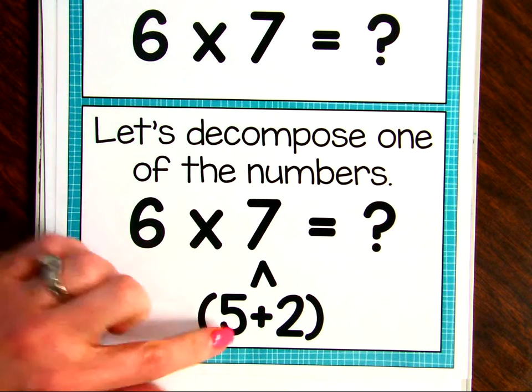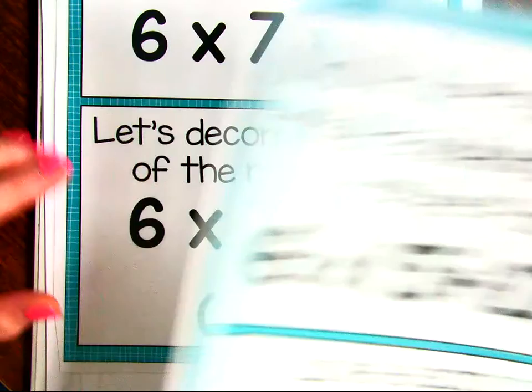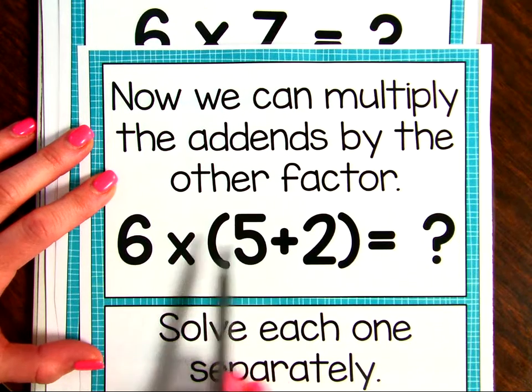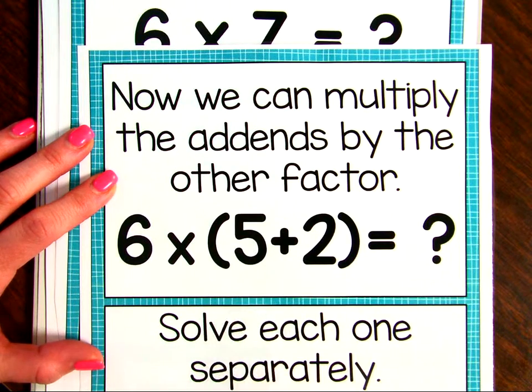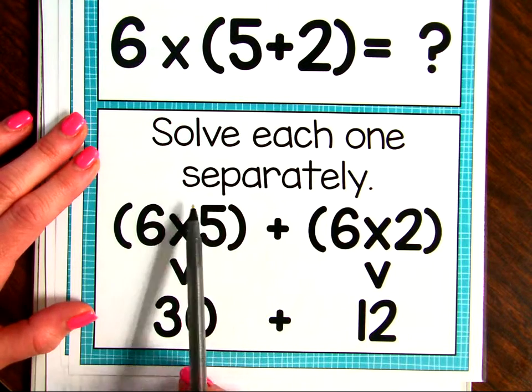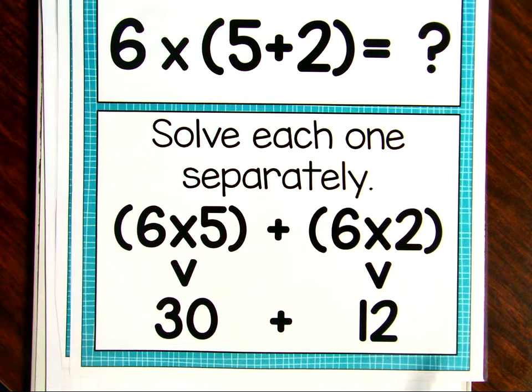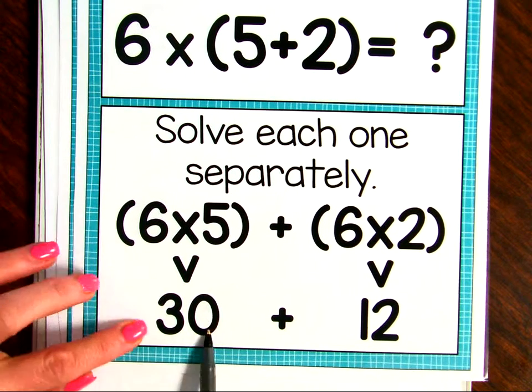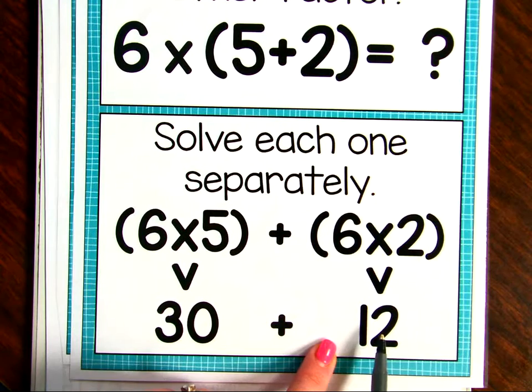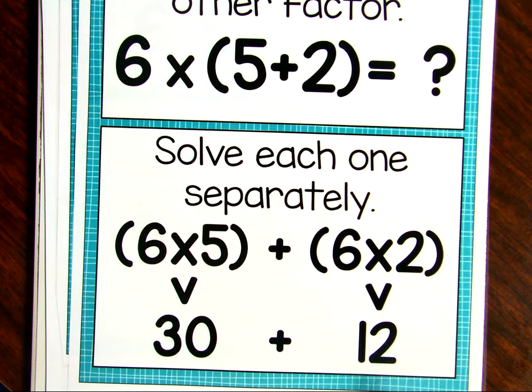And after I took that 5 plus 2 from the broken down 7, could I just multiply the 6 times that sum? And that's like just doing the 6 times the 5 and the 6 times the 2 separately. Are you following? And 6 times 5 would be 30. 6 times 2 would be 12. And add those together, and you get 42.